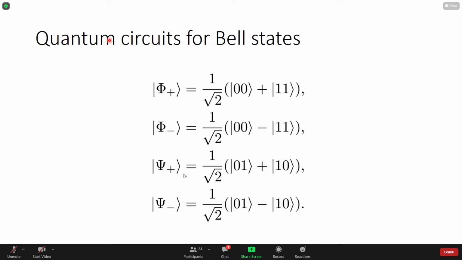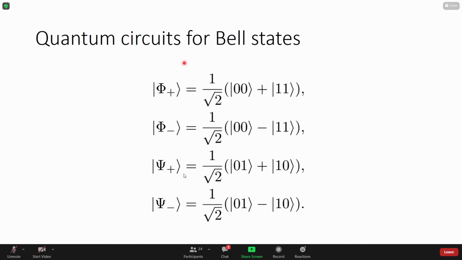So now we introduced the ideas of quantum gates, and now let's try to connect them to some of these interesting states that we looked at last week. So these are the so-called Bell states.